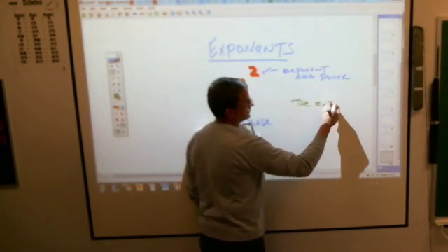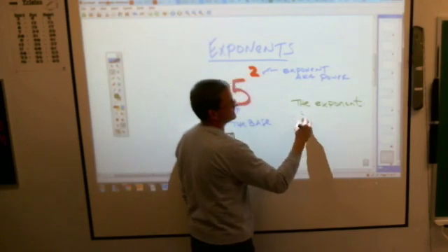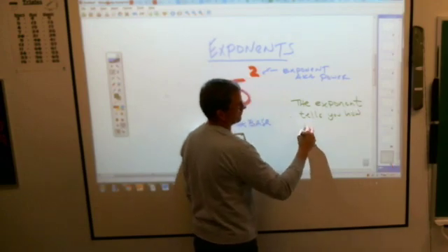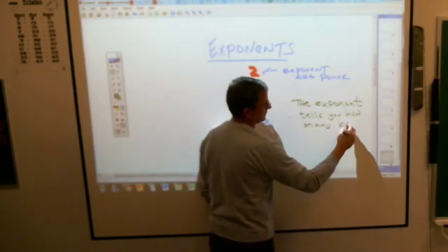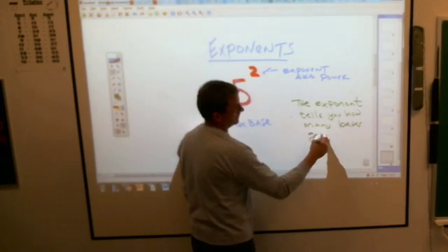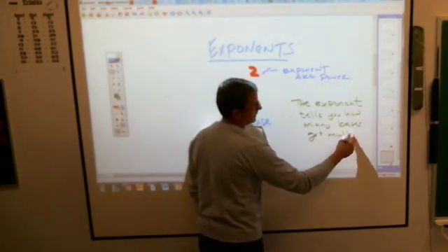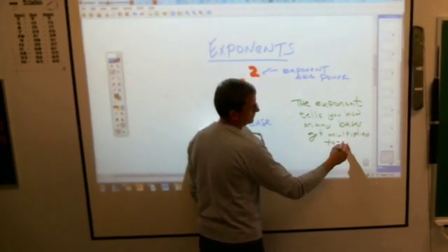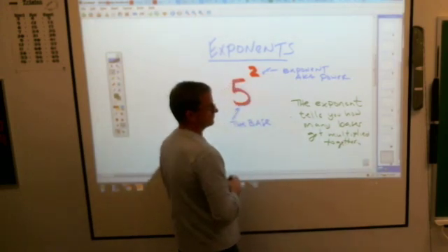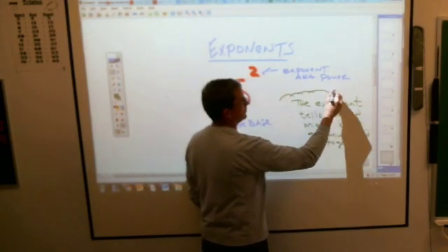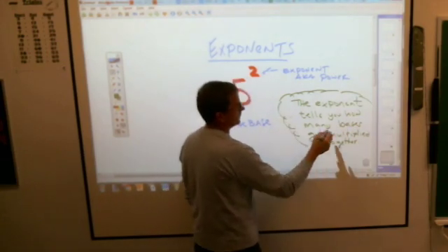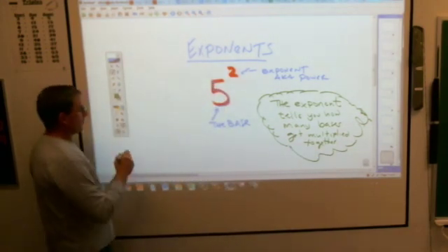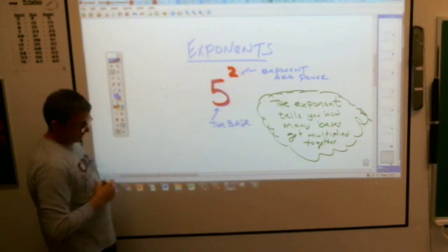The exponent tells you how many bases get multiplied together. That, ladies and gentlemen, sums up pretty much the whole spiel here.